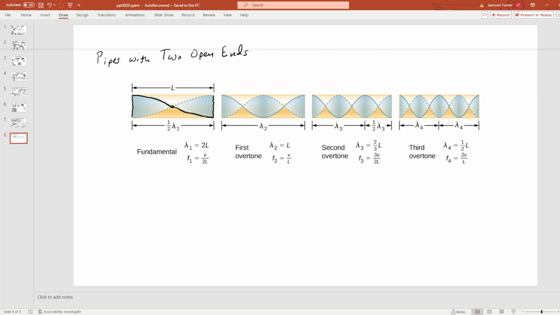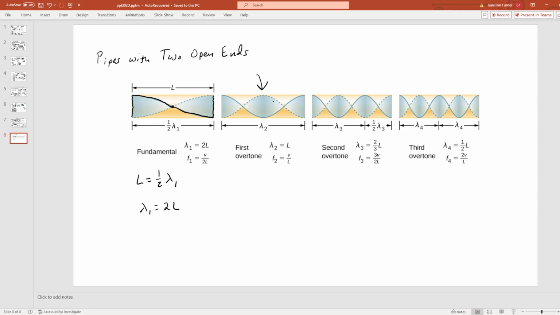Because the wavelength will be twice the length of the pipe. So in other words, L is equal to 1/2 lambda for the fundamental tone, and therefore lambda 1 is equal to twice L.